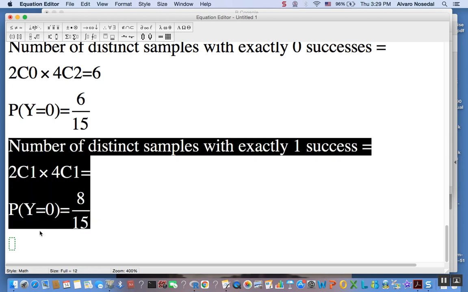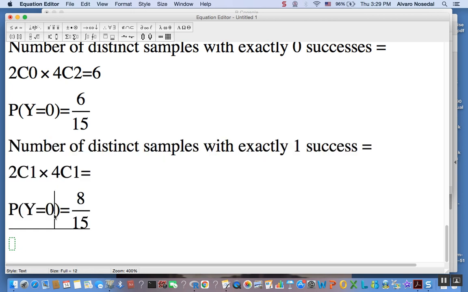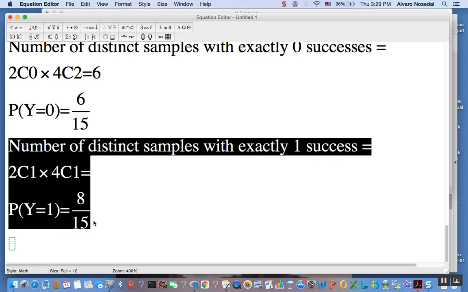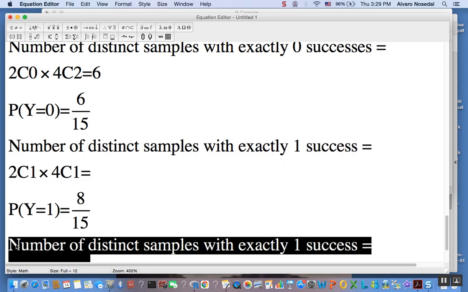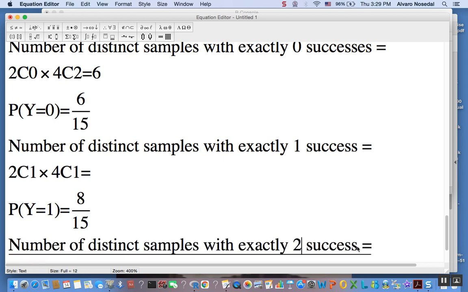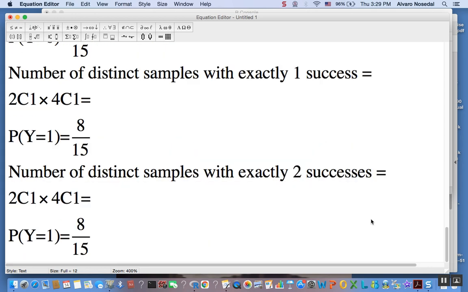Okay. Finally, again, let's recycle this. Now we want, oh, and this would be a 1, right? Yeah. Now we want to do something similar for the other value. 2 successes. So now it would be 2 choose 2 times 4 choose 0.